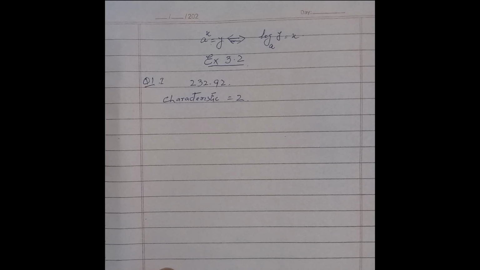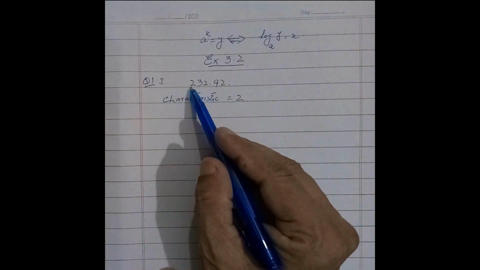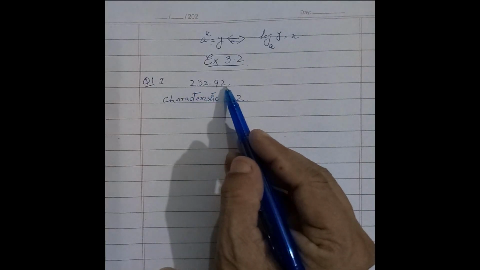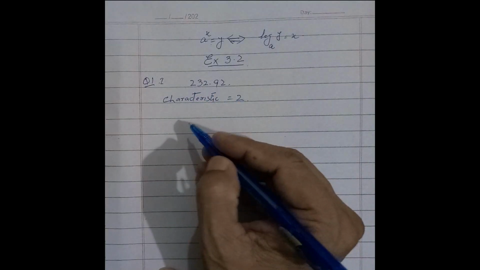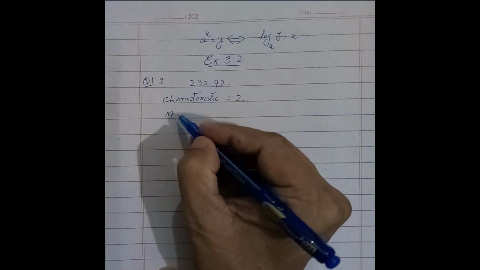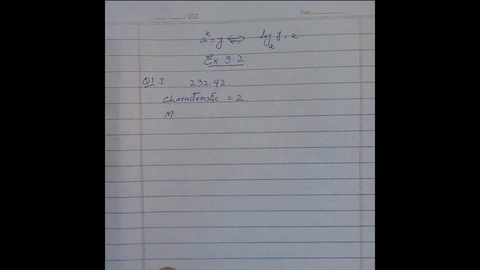And we take the logarithm of 232.92. The mantissa you can take from a calculator or a logarithm table.